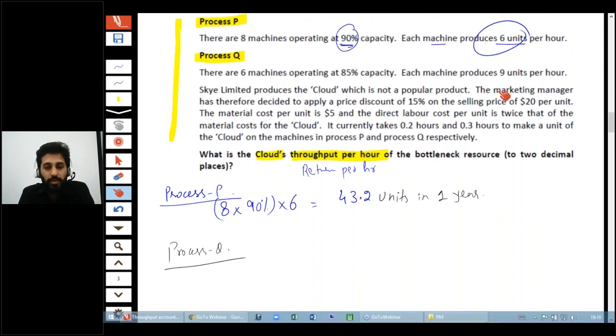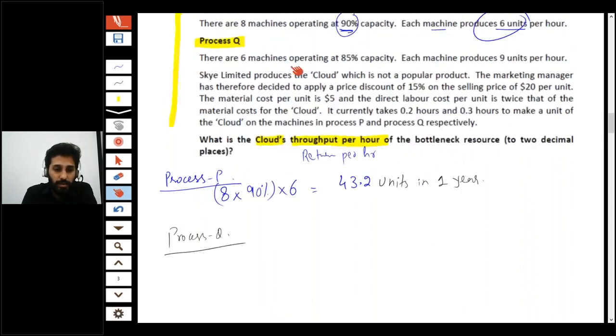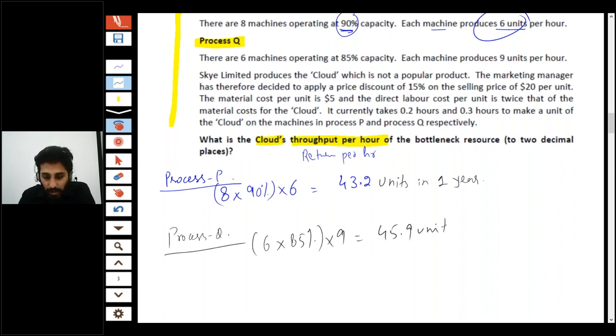They are producing 9 units, right? So 6 machines into 85% into 9, and the answer is 45.9 units in 1 hour.